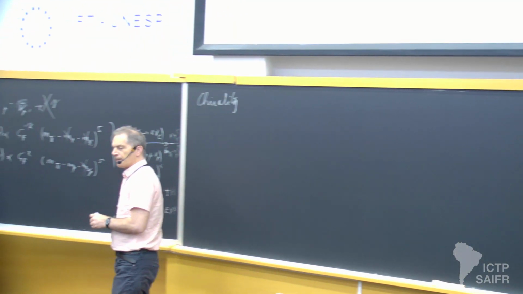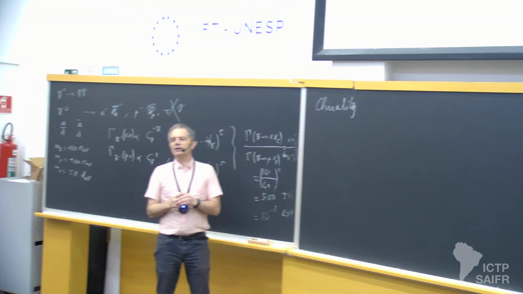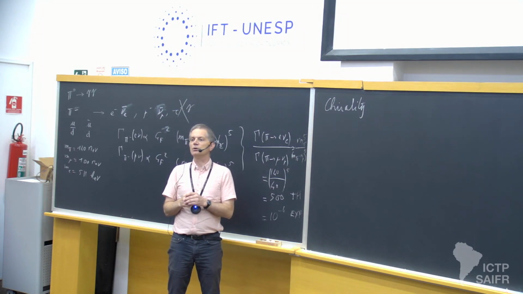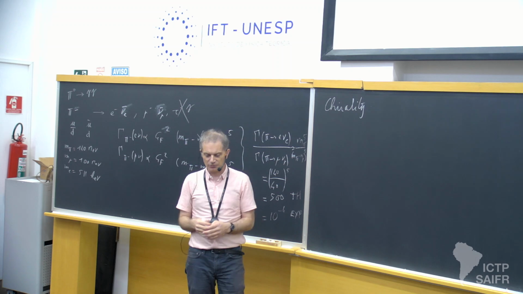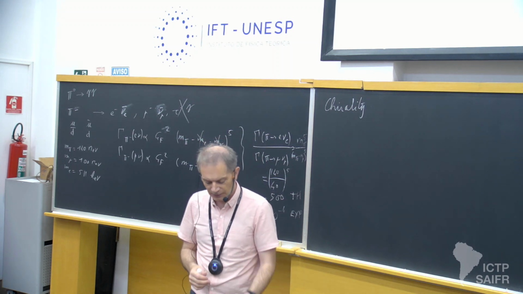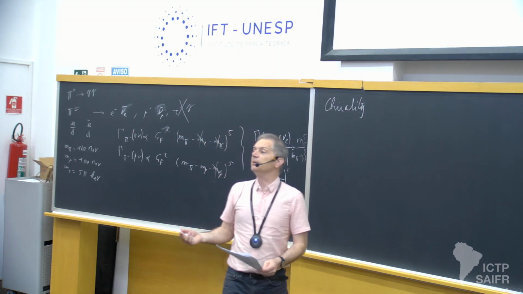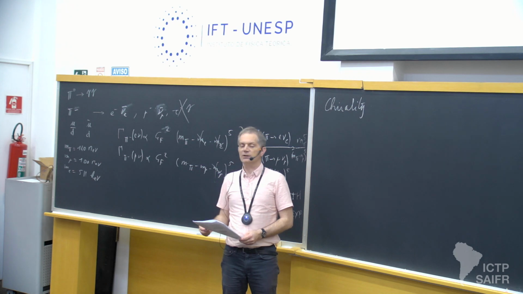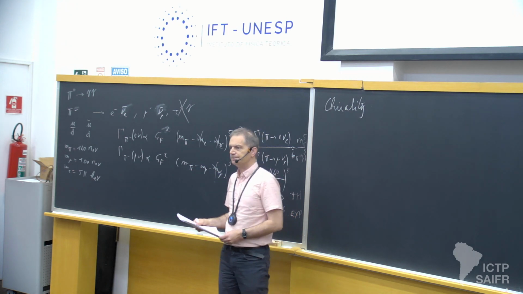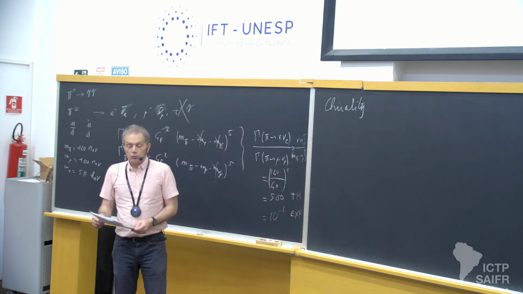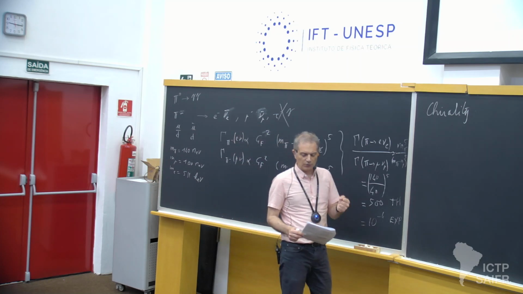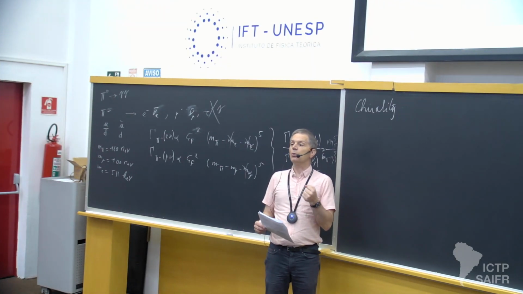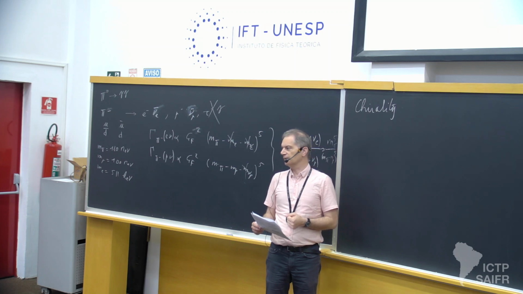It means that if a particle is massive, you cannot say whether it's clockwise or anti-clockwise. So the chirality of the particle is meaningless. It depends on the way you are looking at the particle. So the conclusion is that being clockwise or anti-clockwise has a meaning only if the particle is massless.